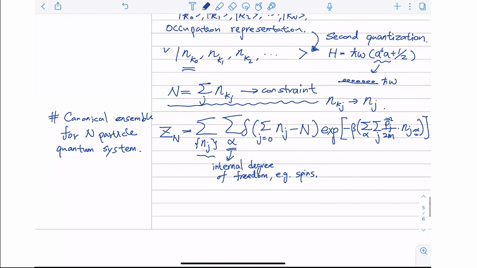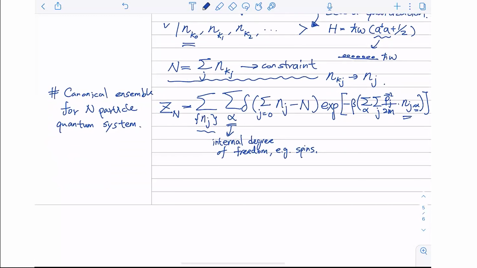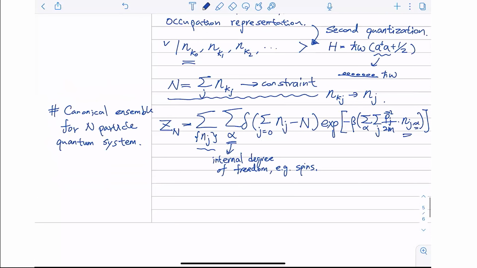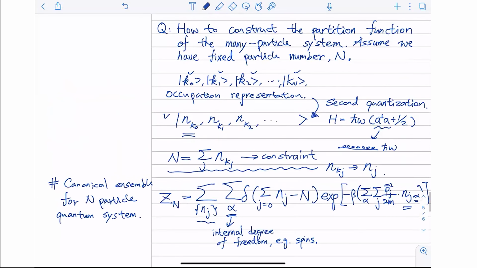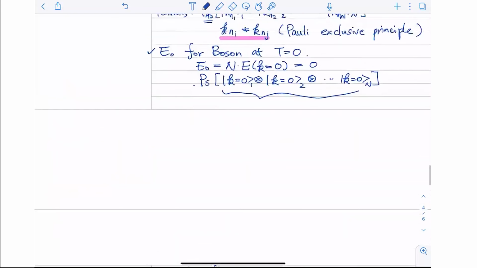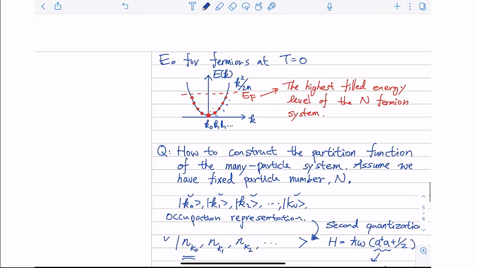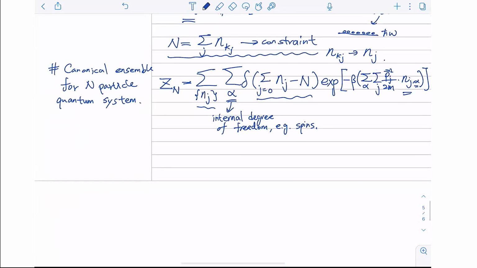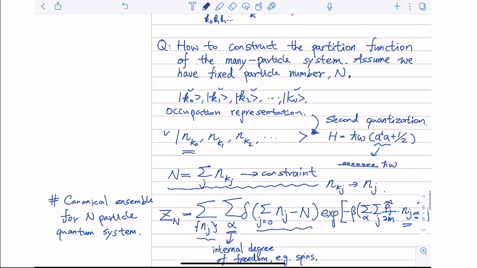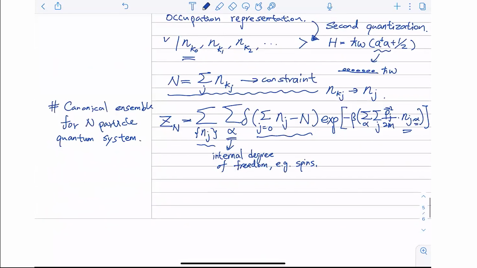Okay, so the reason we put nj here is because, as we already mentioned, for bosons, it can be any kind of integer as long as it satisfies this constraint. But for fermions, this nj can only be 0 or 1.